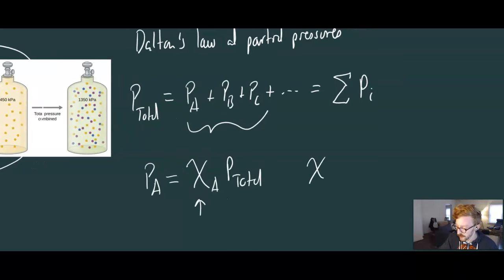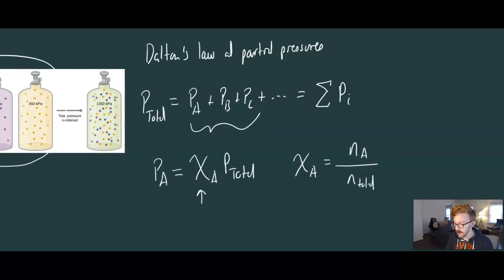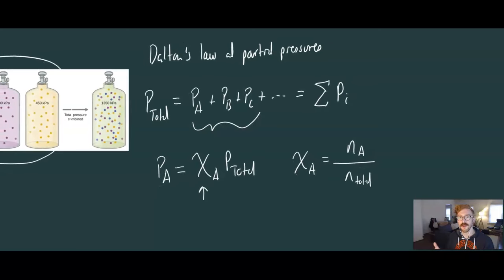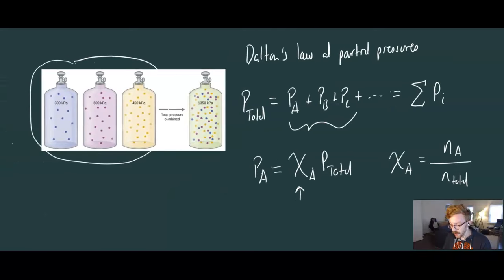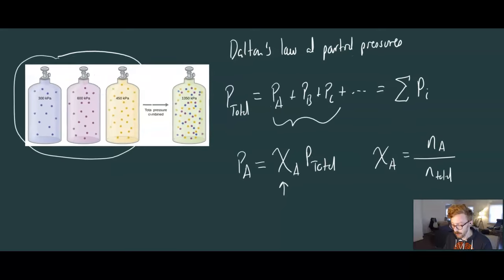So chi sub A is equal to the moles of A over the total number of moles, just expressed as a fraction. All of the mole fractions of all the gases in a mixture should add up to 1. So let's look at a quick problem that deals with partial pressure.